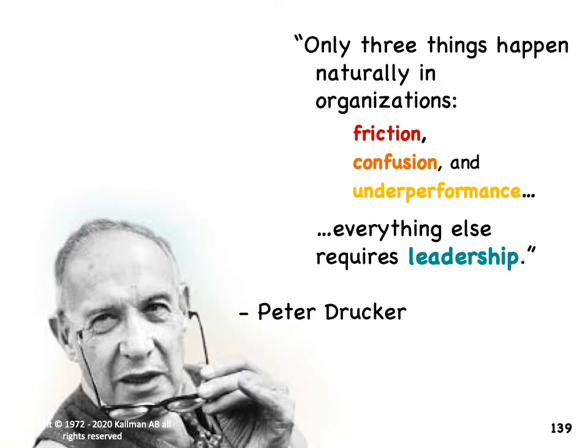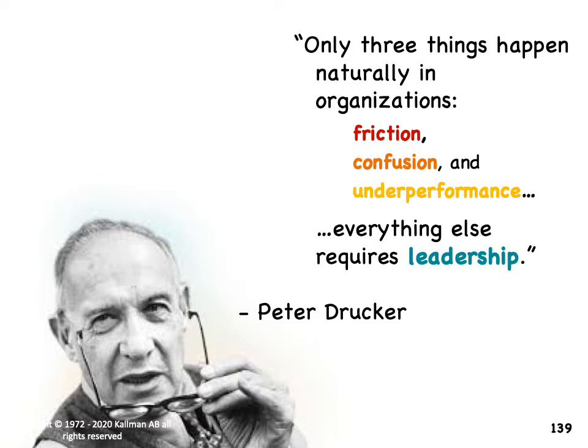As I've stated in many different places, both in this video series and in the transformation video series, and even in the Why Use Flow series, I quote Peter Drucker very often, because only three things happen naturally in organizations: friction, confusion, and underperformance.